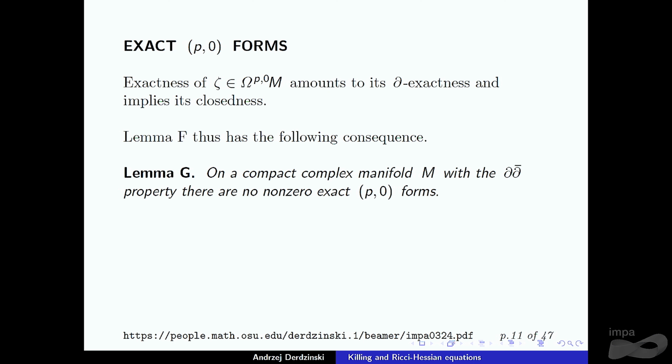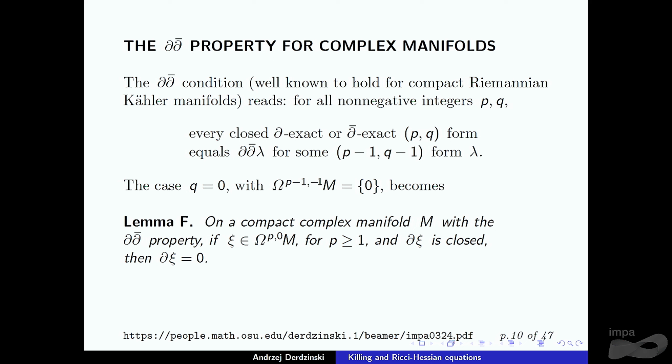Now, this takes us to the following observation. If you have a compact complex manifold with the DD bar property, there are no non-zero exact (p,0) forms. A (p,0) form which is exact must be equal to 0, and that's precisely what we saw on the previous page. Being exact means the same as being partial exact, because there is nothing to contribute to the partial bar image.